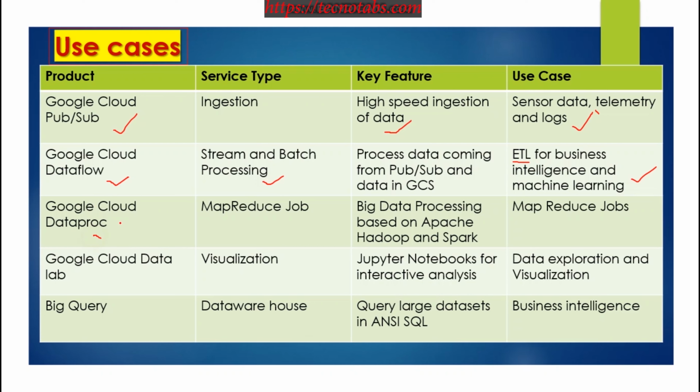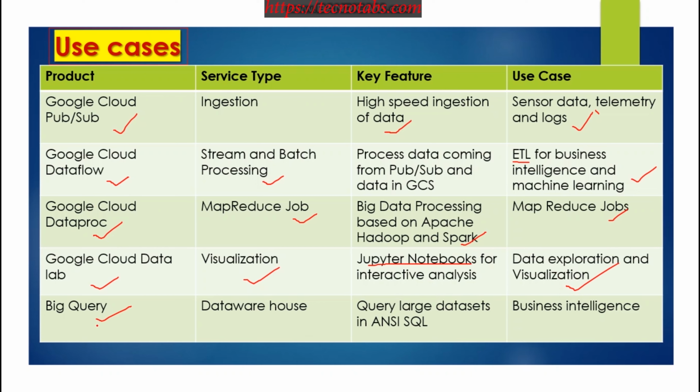The next is Dataproc, which is basically used for MapReduce jobs, and it is widely used with Apache Hadoop and Spark. So the use case can be MapReduce jobs. Now Datalab is used for visualization, and it is based on Jupyter Notebook for interactive analysis. So it's very well integrated and it provides better visualization of the data that you are ingesting.